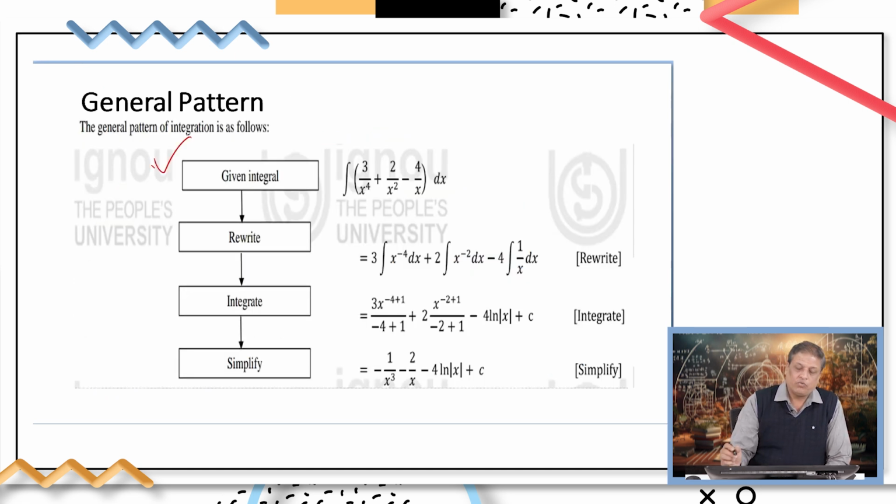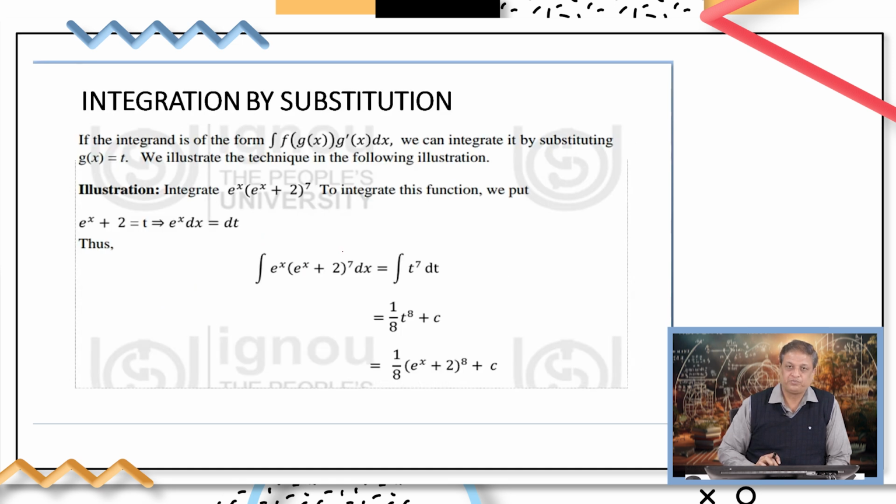We learned the general pattern of performing integration: rewrite the given expression, then integrate and simplify. Ample numericals were solved, and this was one of them, where we exhibited how to rewrite, integrate and simplify to perform the integration.